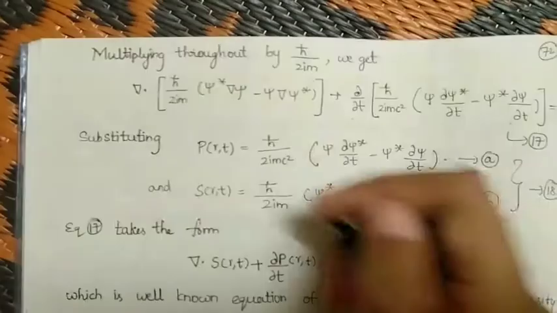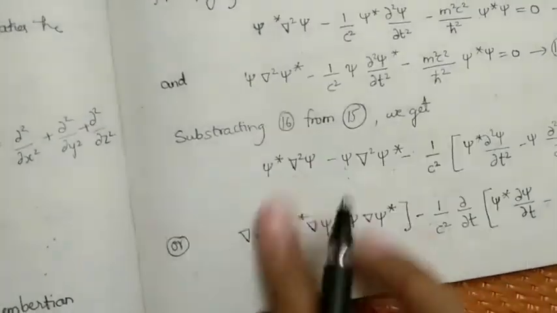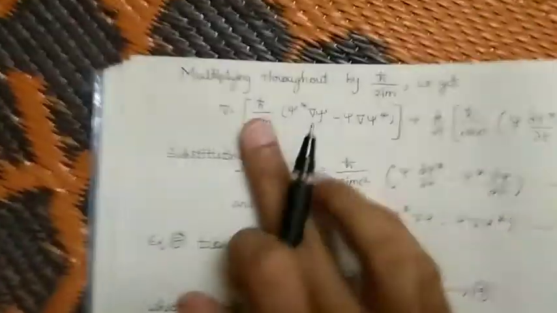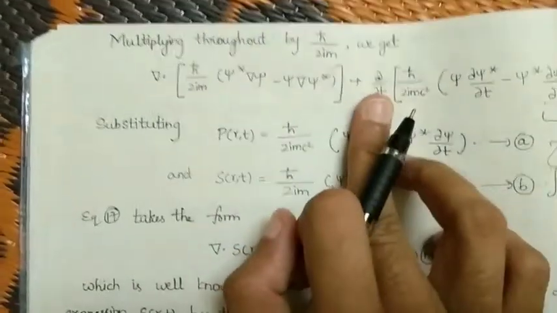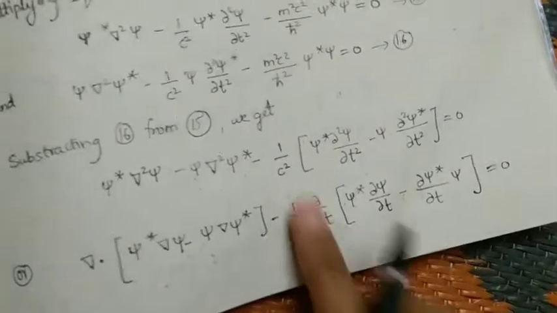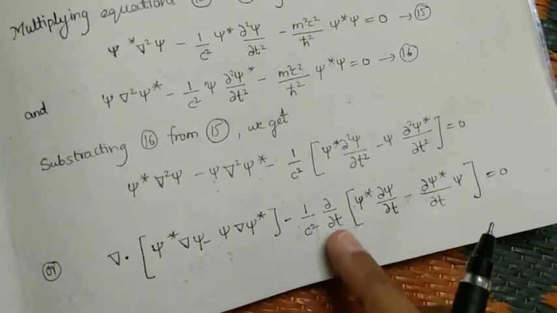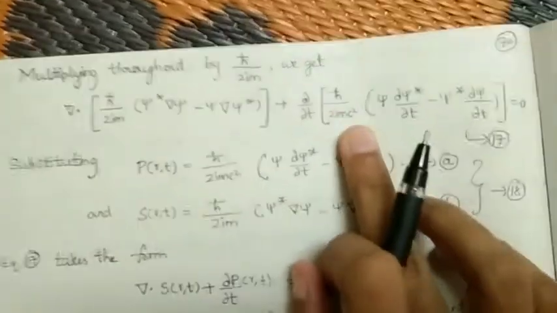Next, what we need to do is multiply throughout by ħ/2im. So we get ∇· ħ/2im into this term, plus ∂/∂t ħ/(2imc²). Here 1/c² is already there. So if ∂/∂t is taken aside, we have ħ/2im.